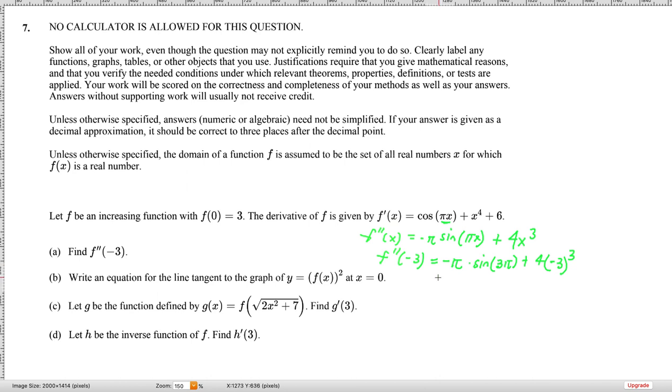And what we get here is that you should see that sine of 3 pi is 0, 0 times negative pi is 0. -3 to the third is -27. -27 times 4 is -108. And you have your first answer. So this is -108.